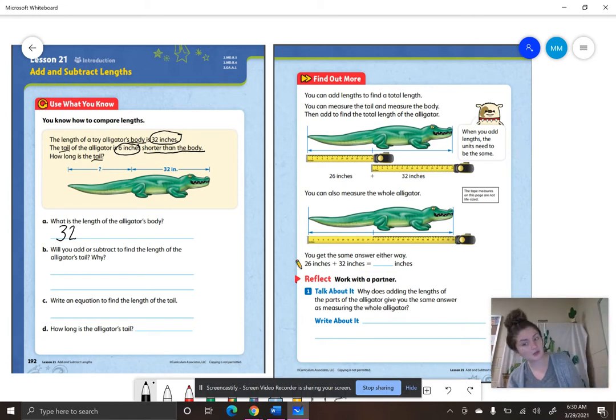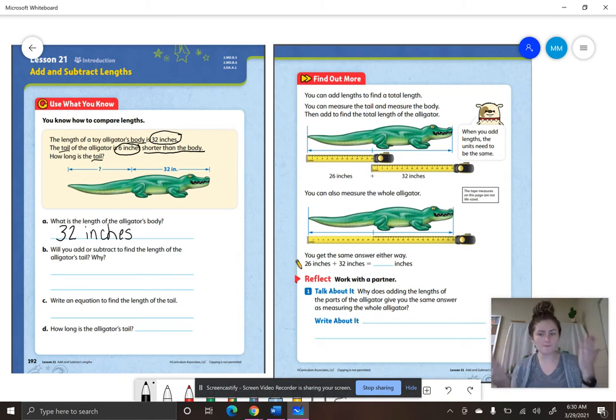It's not 32 kittens or 32 meters. It's 32 inches. So we're going to write 32 inches. Ooh, there's that suffix es. All right. So we can see that the tail, it's shorter than the body.